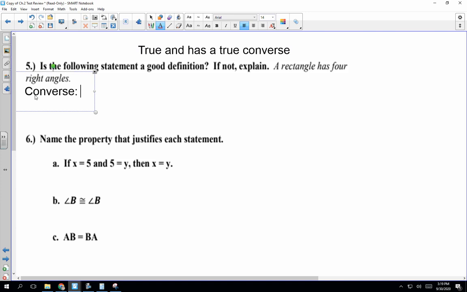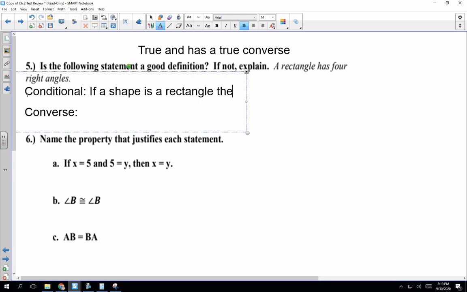So actually, let's write it in conditional form first. So the conditional has an if: if a shape is a rectangle, then it has 4 right angles.